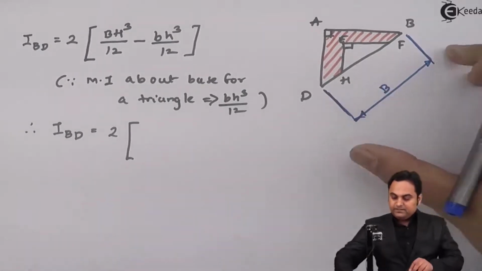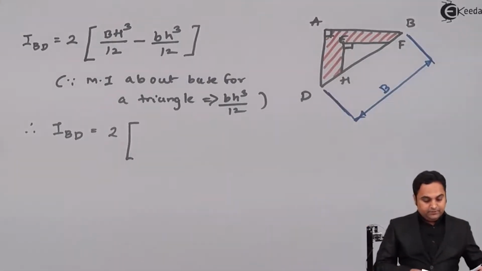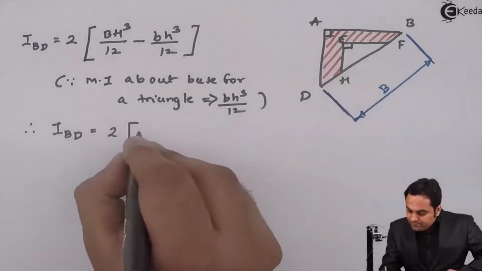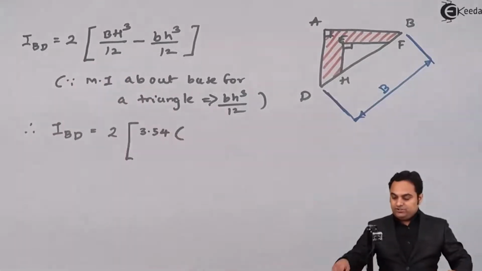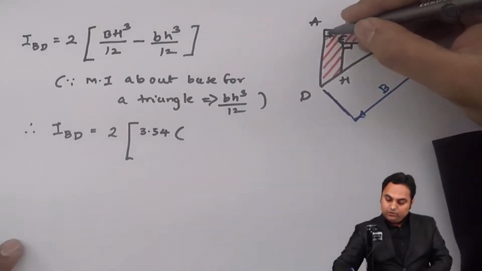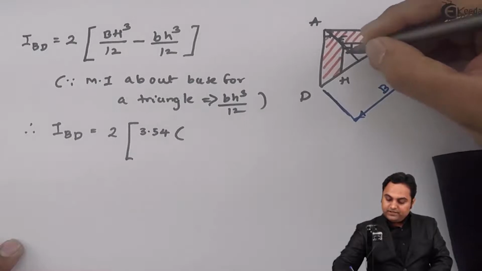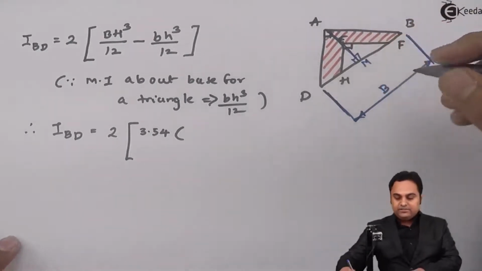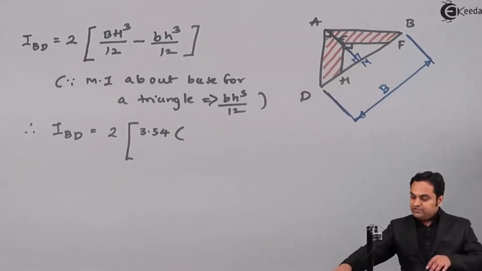So capital B is nothing but BD, and BD was 3.54. Next, capital H. Capital H is the height of the outer triangle, and this is A up till M. This is capital H, and the value came out to be 1.77.